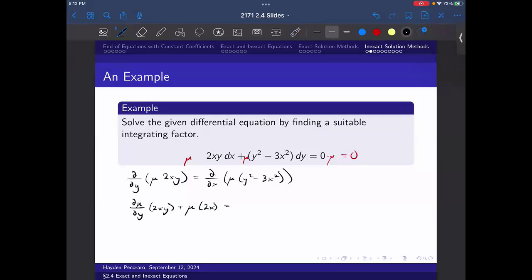All right. And then here, d mu dx times y squared minus 3x squared plus mu times the derivative here with respect to x. The y squared part goes away. And we get minus 6x there.